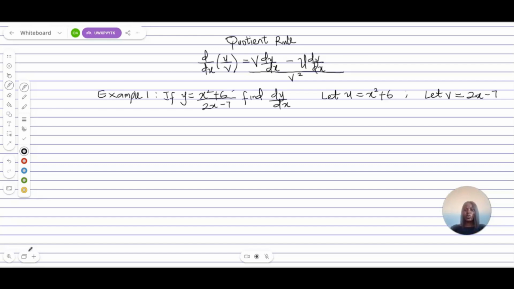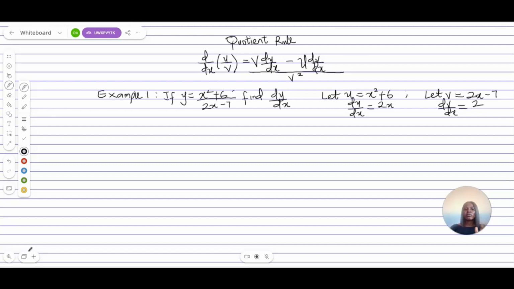So if you look at this now, we can see that we need du/dx, so we need to differentiate u with respect to x. If we do that, du/dx becomes 2x. Remember that I said you don't differentiate a constant. The derivative of a constant is 0. Also, dv/dx is simply 2. We can't differentiate 7. It's 0.